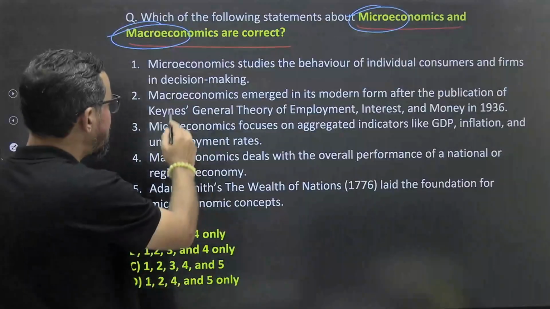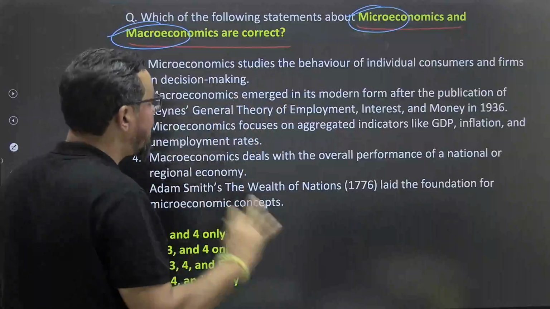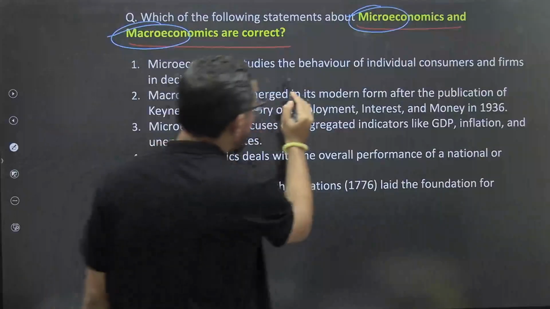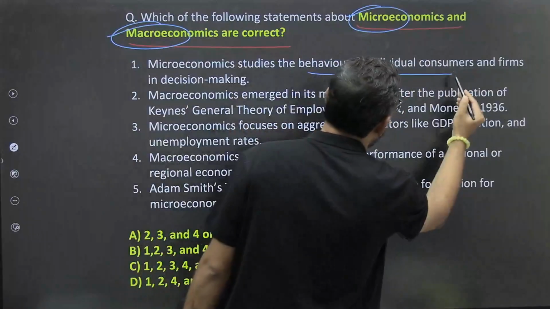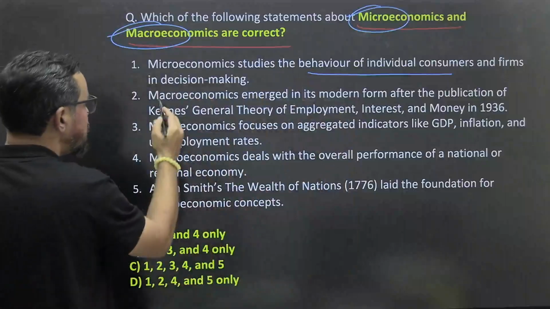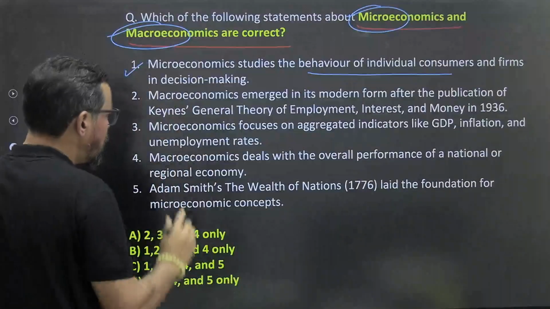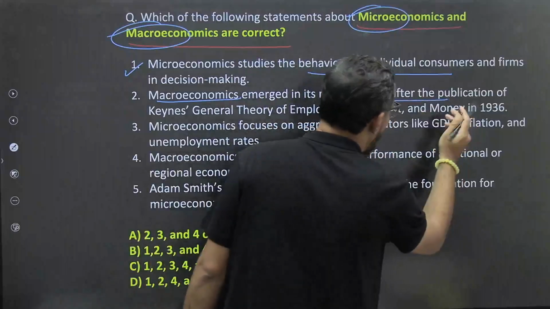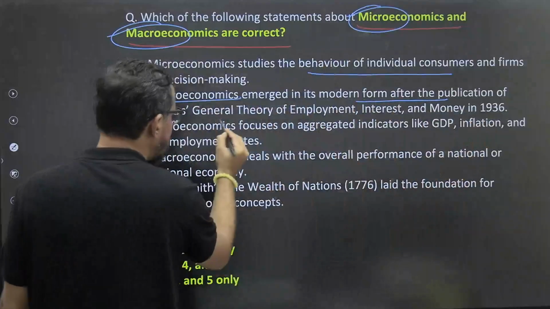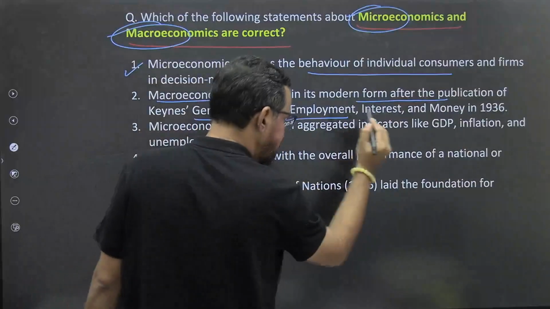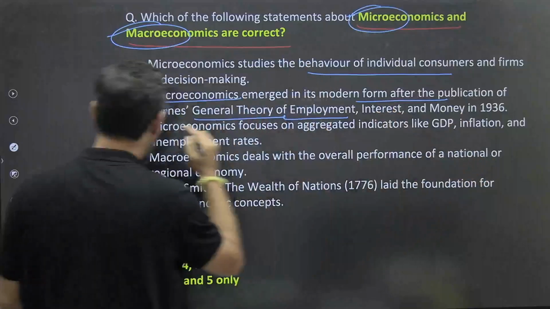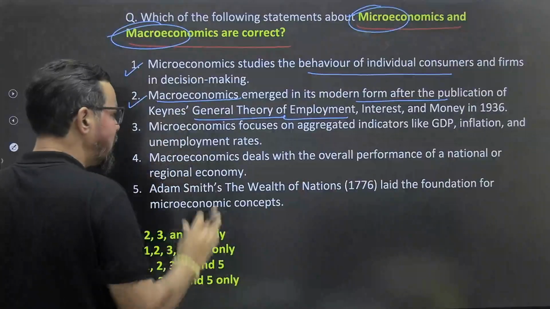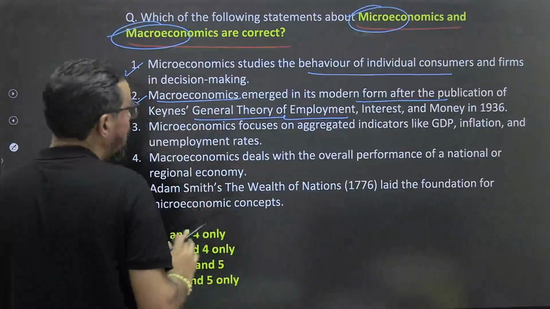So the question is, you have to find out the correct statements. Microeconomics studies the behavior of individuals, consumers, and firms in decision making, 100% true. Macroeconomics emerged in its modern form after the publication of Keynes' General Theory of Employment, Interest and Money in 1936. This is also correct. This is completely static in nature.